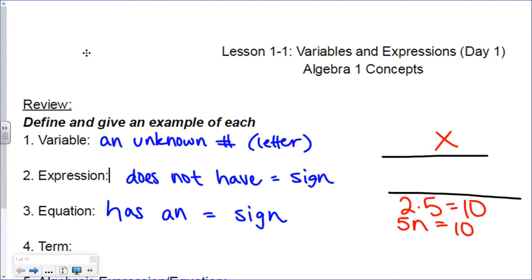So what would you tell me? Yeah, 2 times 5. Somebody give me another one. 12 divided by 2. Those are all expressions. Let's put a variable in it. Those are all expressions because they don't have equal signs. Do we understand the difference? No equal sign? Equal sign.